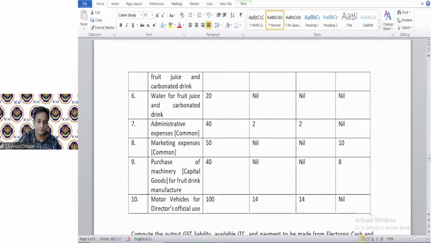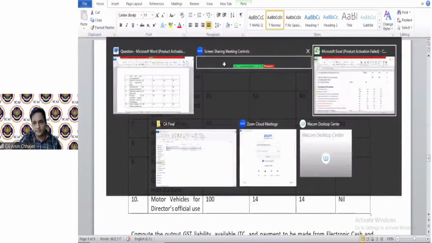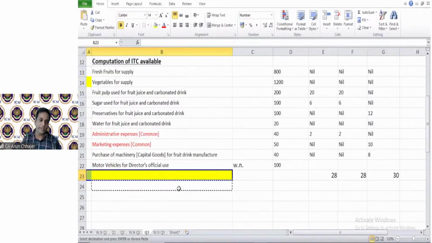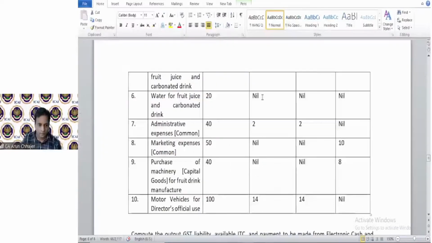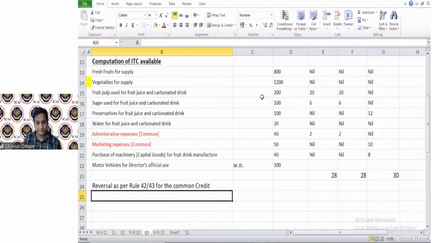Fine. So let me move to the question. Now here we need to use the concept of common credit. Correct. So I can say the reversal as per rule 42/43 for the common credit.